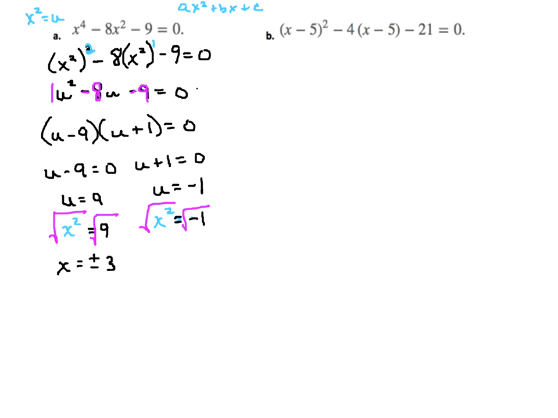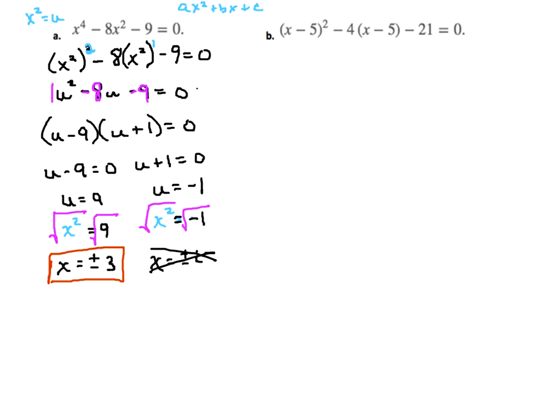And when I take the square root of the other side, I end up with an imaginary solution. x is equal to, this is actually positive or negative i, so we're not even going to deal with that right now. We'll just go with the real roots. And so I've got two solutions, positive 3 and negative 3.